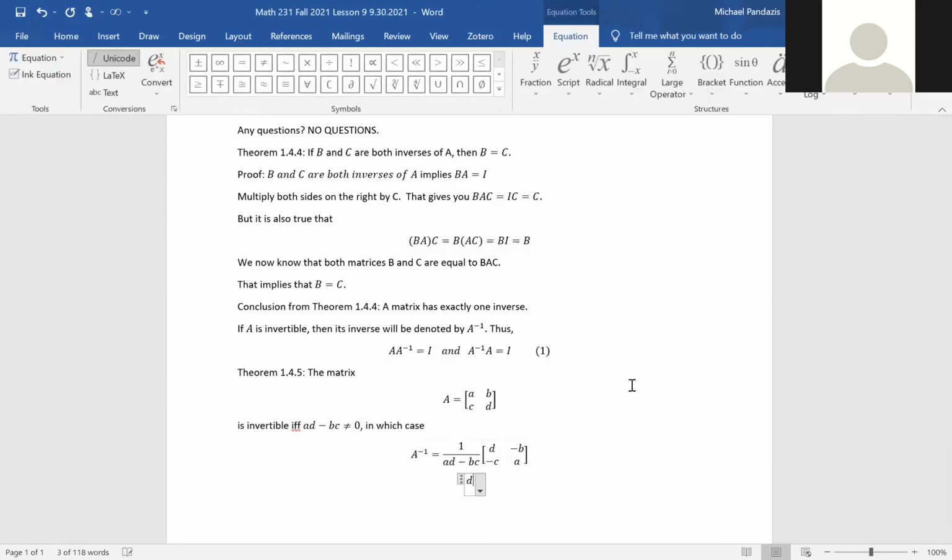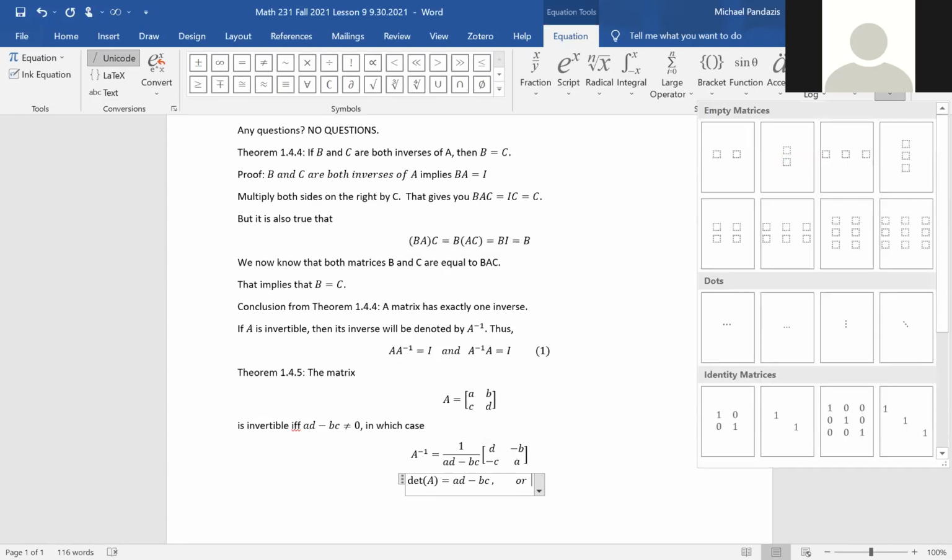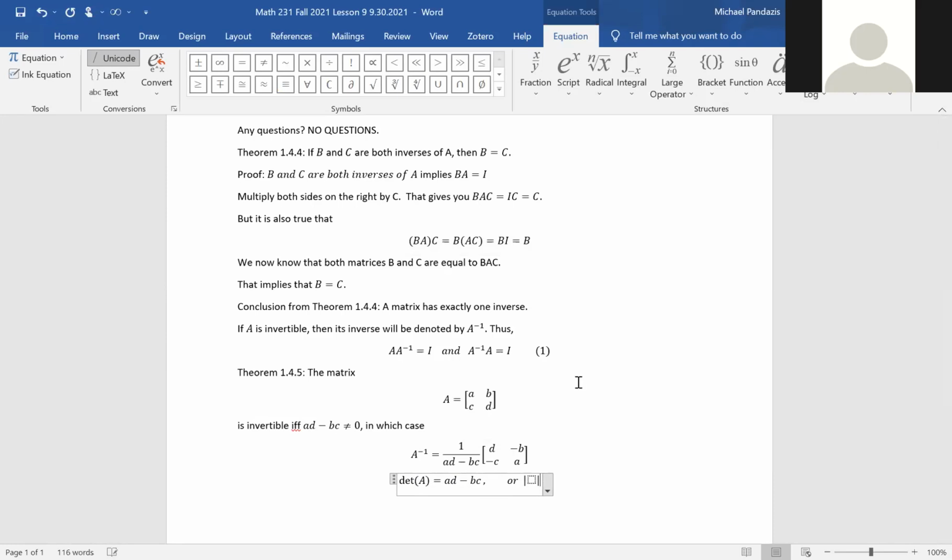There's another important thing called the determinant. The determinant of a 2x2 matrix A is equal to AD minus BC, or another notation for it is a vertical line like this, where you write AD minus BC.